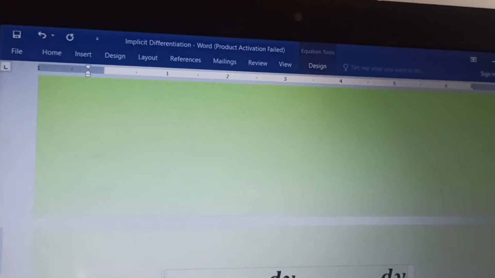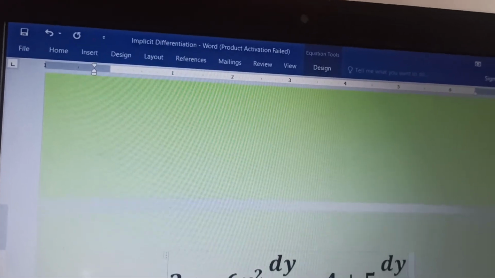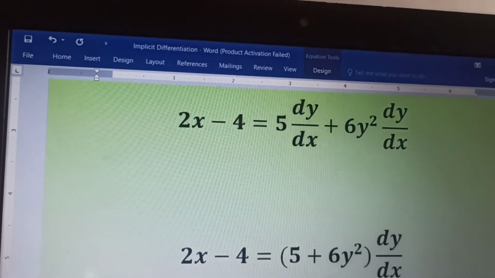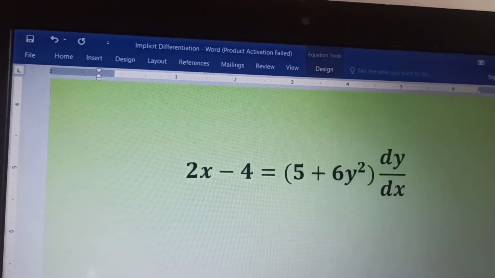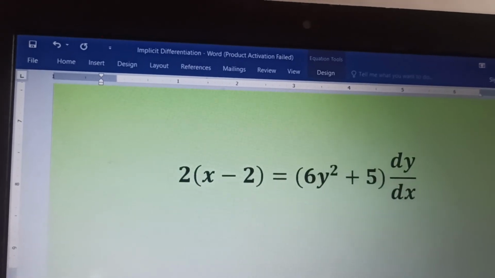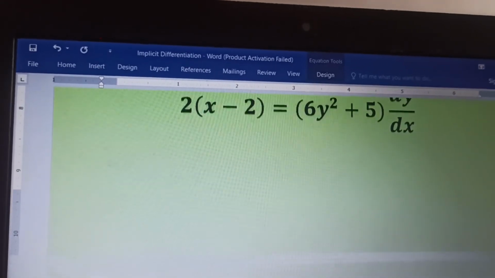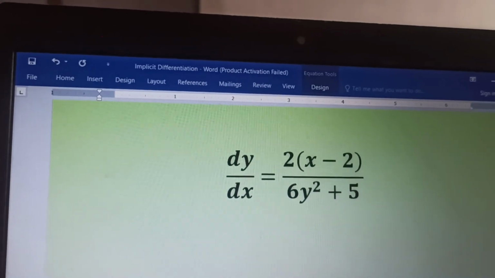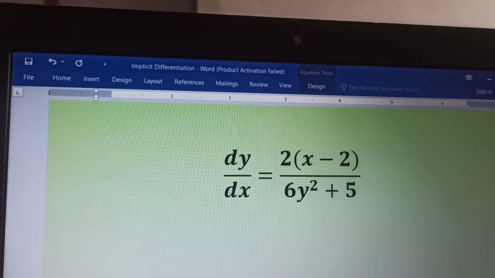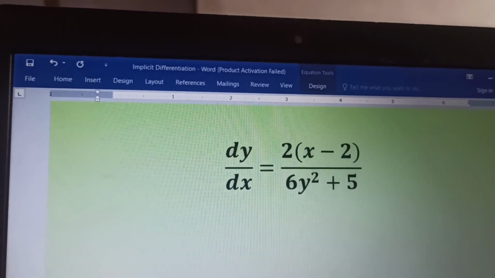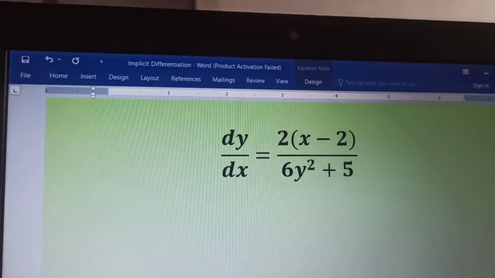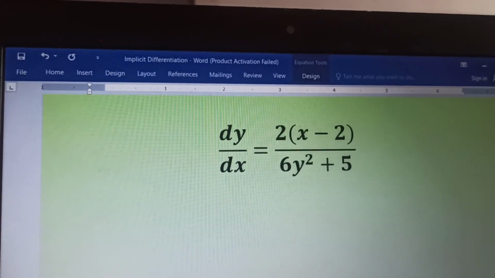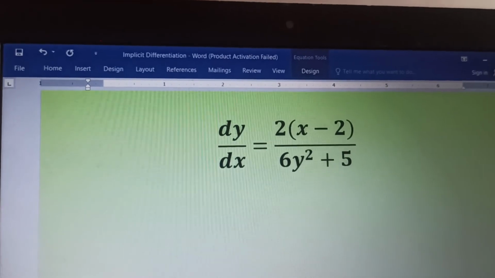So now we can divide both sides by the coefficient of dy dx. That will be dy dx is equal to 2 into x minus 2 all divided by 6y squared plus 5. So that is the result from the differentiation of that function.